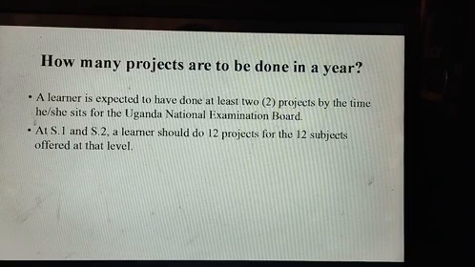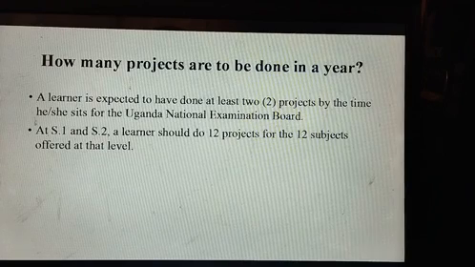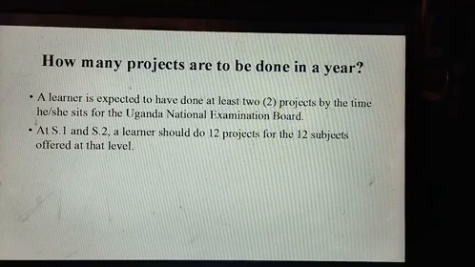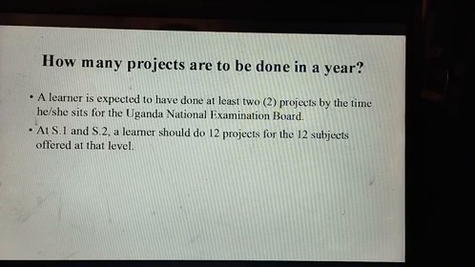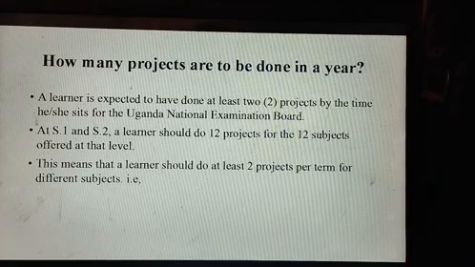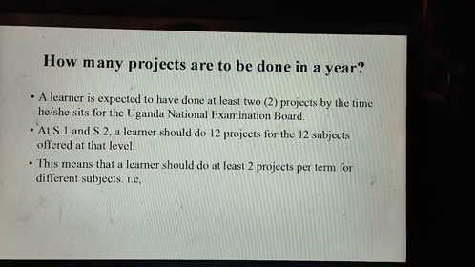At senior 1 and senior 2, a learner should do 12 projects for the 12 subjects. I've been explaining that. We are going to achieve that. This means that a learner should do at least 2 projects per term for the different subjects.